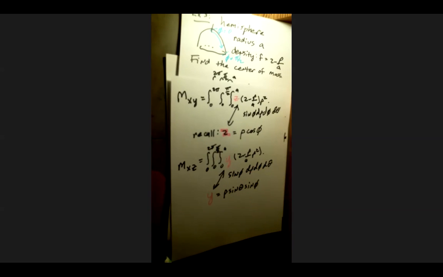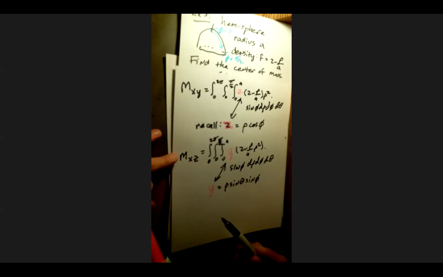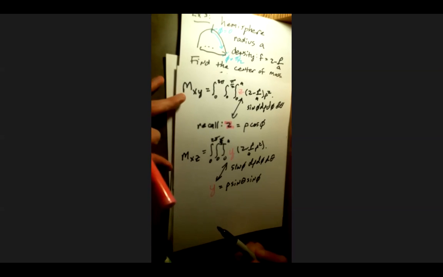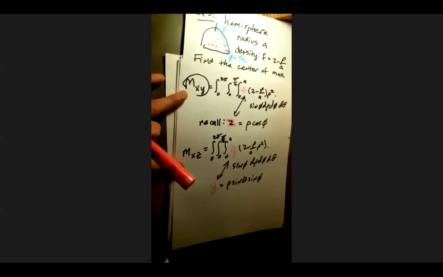And then what would you do with each of these? You could do the same thing for the last moment, but suppose we set that aside for the sake of time. If you wanted to use the Mxy, what are you going to do with it?